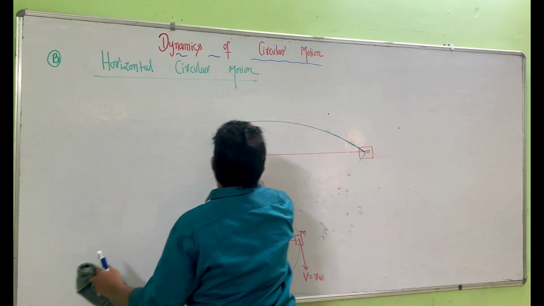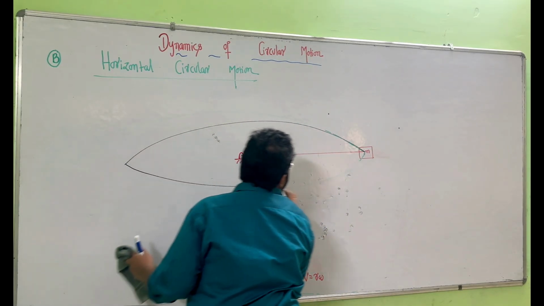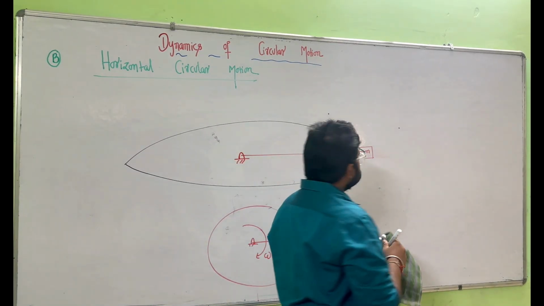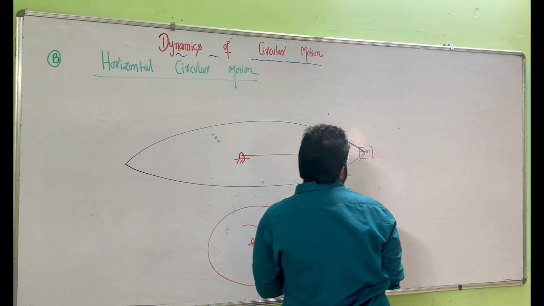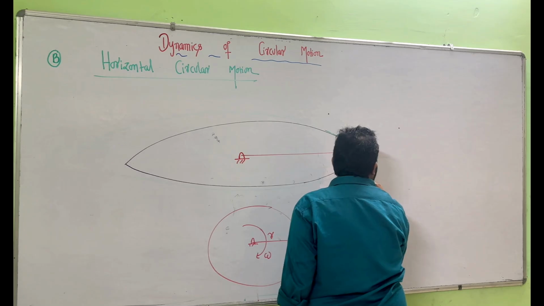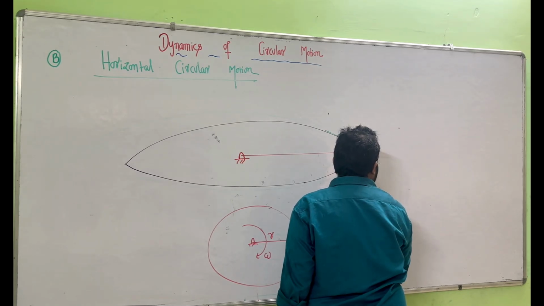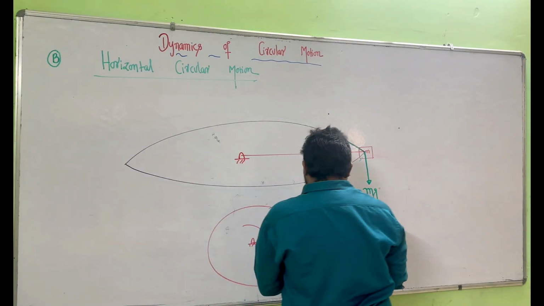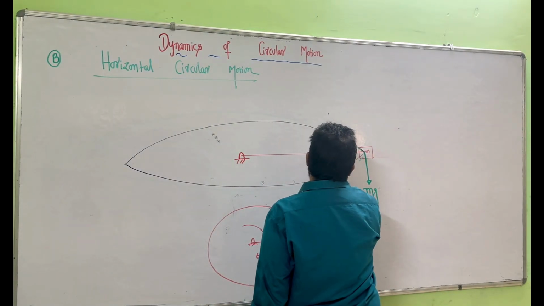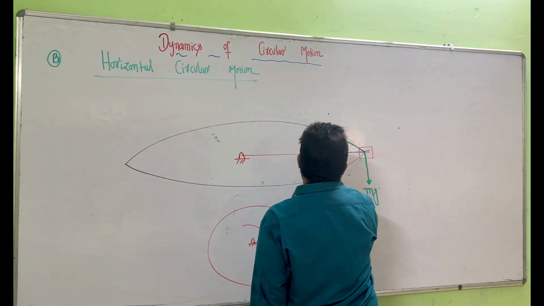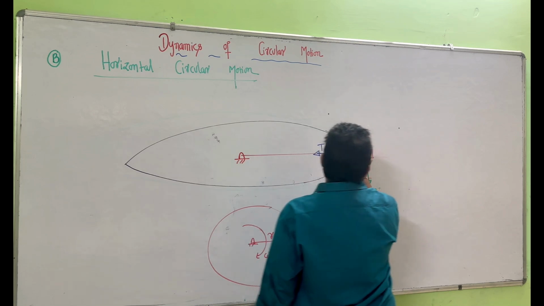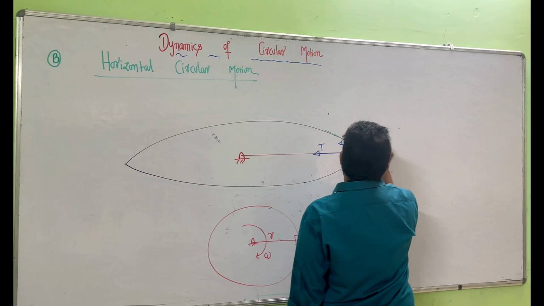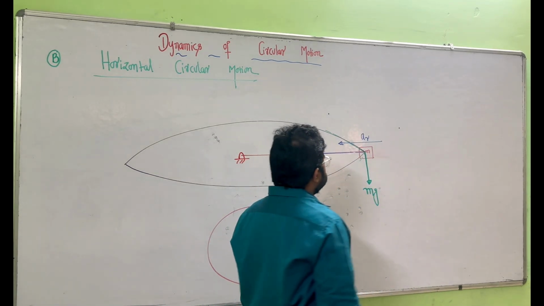Draw a decent figure. Horizontal circular motion, clear? Same story. Weight is always mg, vertically downward. Tension always pulls the body. Radial acceleration is always towards the center of circular motion.